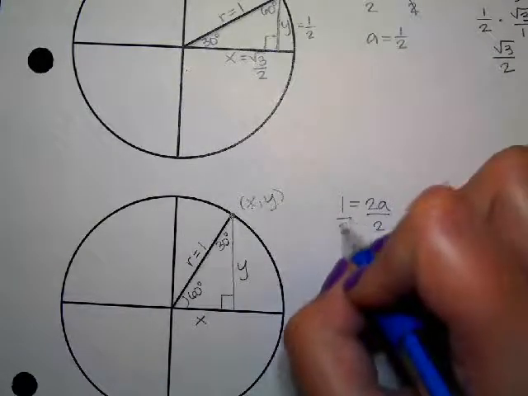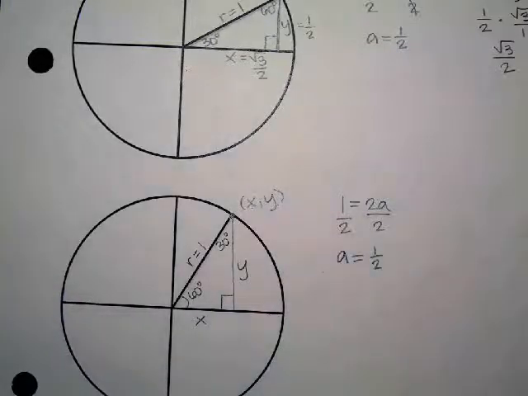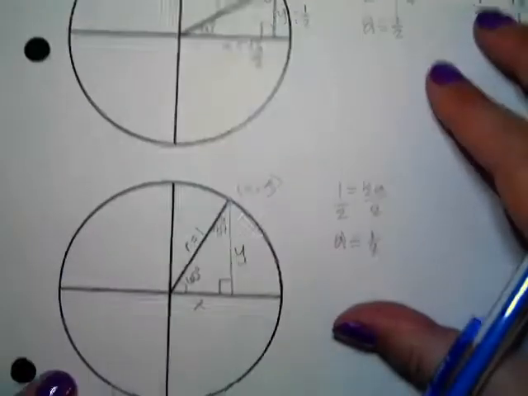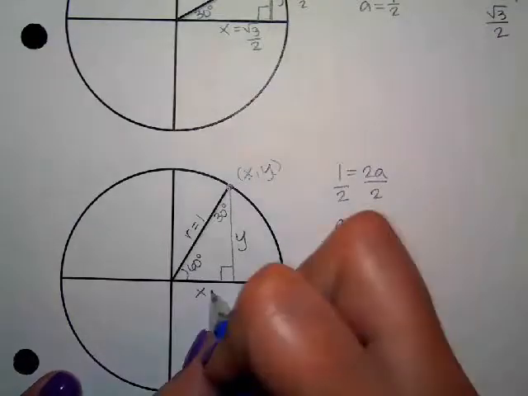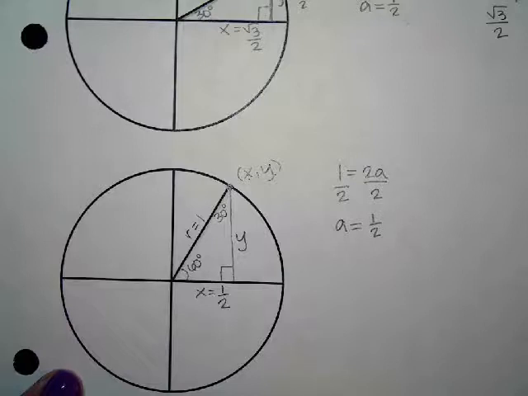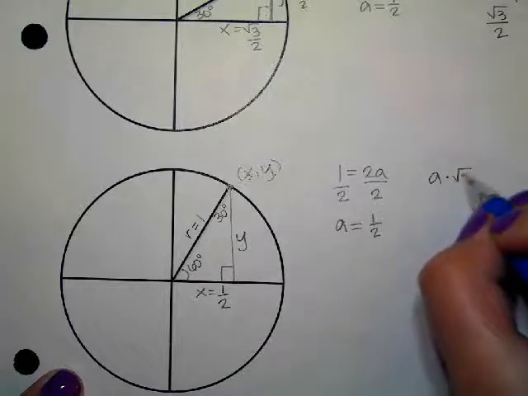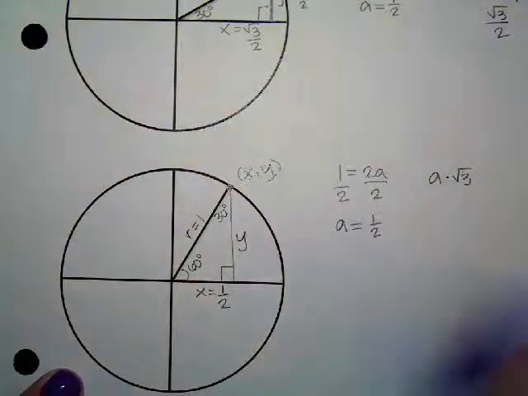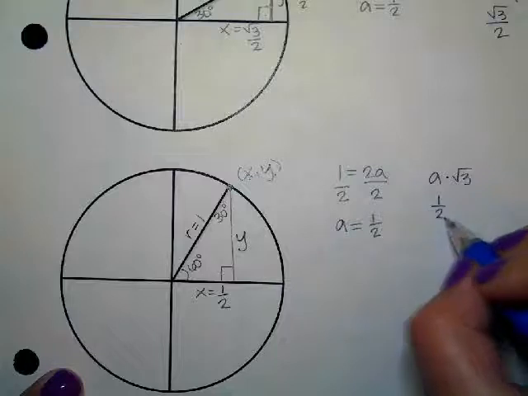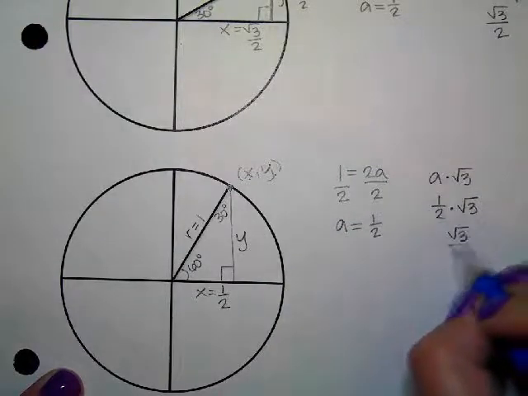I can still say a equals 1/2. So the short side of my triangle is still going to equal 1/2. It's just that the short side of my triangle is in a different spot. The long side of my triangle is still going to be a multiplied by √3. So it's still going to be 1/2 multiplied by √3, and it's still going to be a length of √3 over 2, just like the previous triangle.